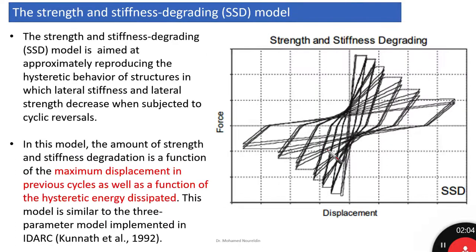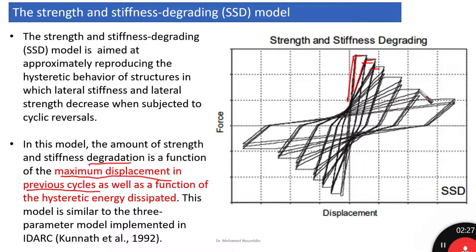Okay, so here, as we said, the amount of strength and stiffness degradation is going to decrease, and at the same time the amount of decrease, whether for the stiffness or the strength, is a function of the maximum displacement in the previous cycles.